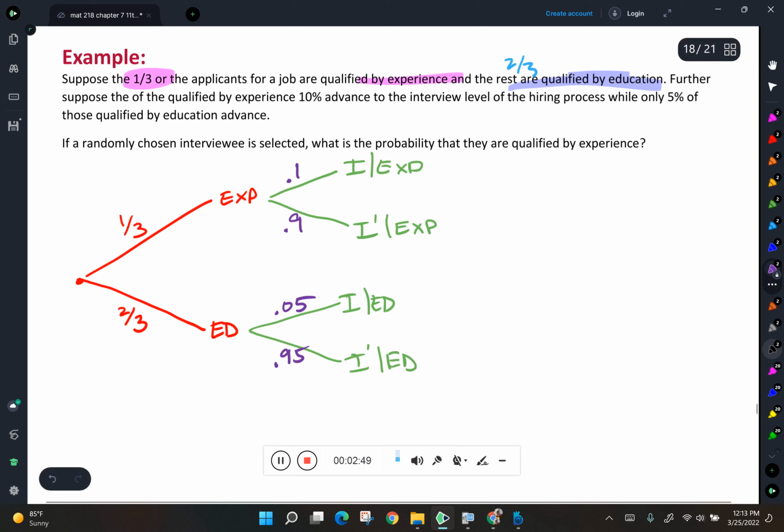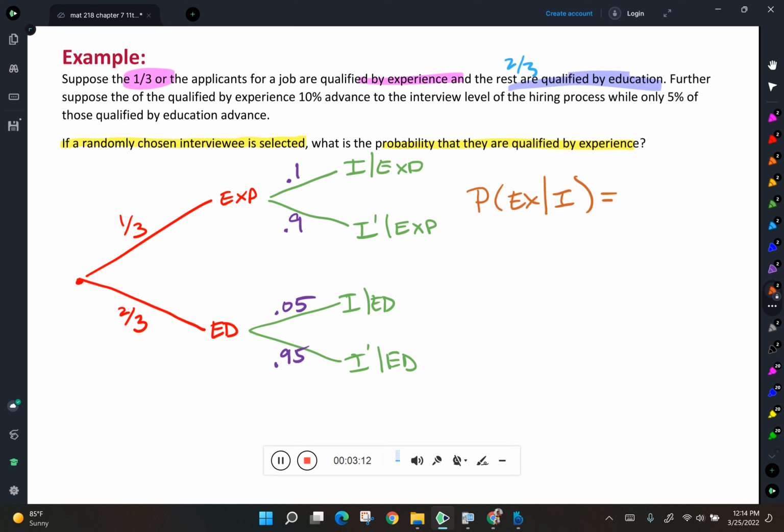And now I'm going to look at what they actually want me to calculate. If a randomly chosen interviewee is selected, what is the probability they are qualified by experience, given that they made it to the interview process?